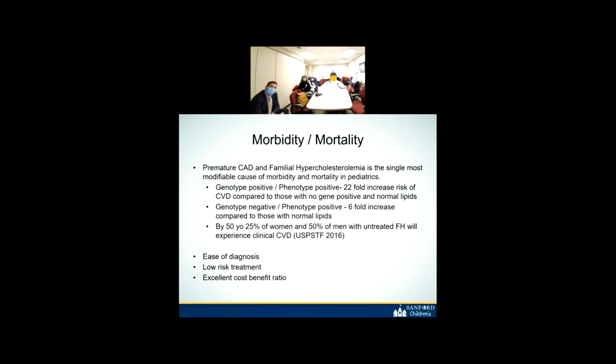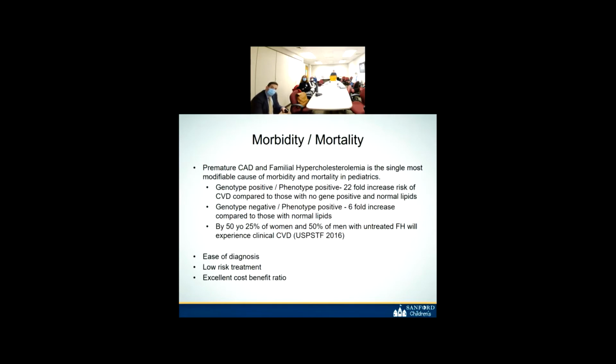And so we're targeting something here that I would argue is the single most modifiable cause of morbidity and mortality in pediatrics. So we're trying to modify lipid levels to prevent premature coronary artery disease and familial hypercholesterolemia. When we talk about being genotype positive, phenotype positive, you have a 22-fold increased risk of cardiovascular disease compared to those who have no gene positivity.